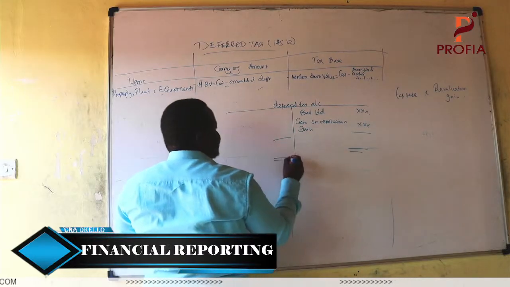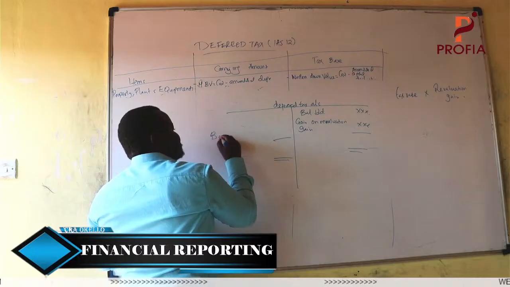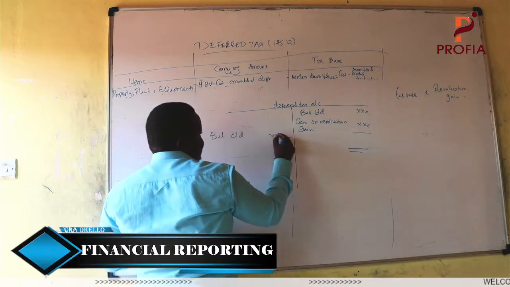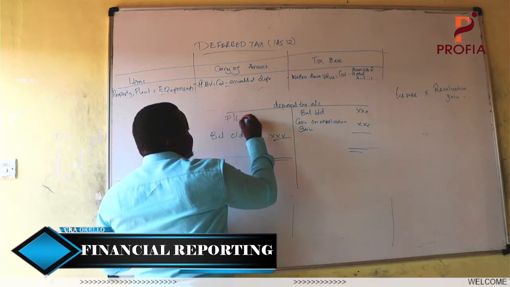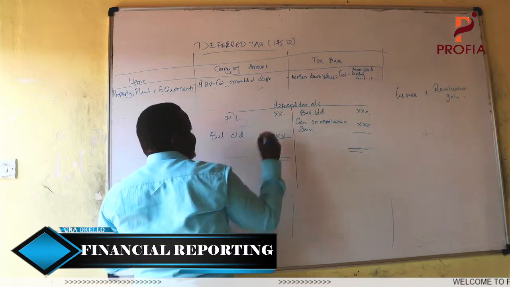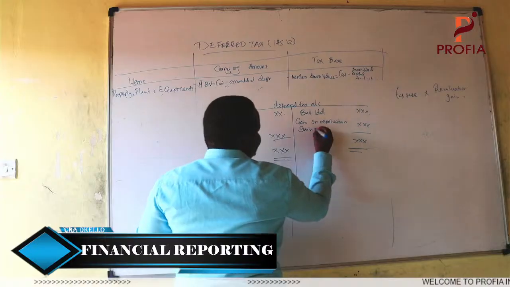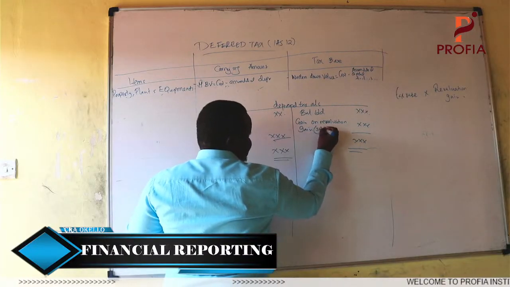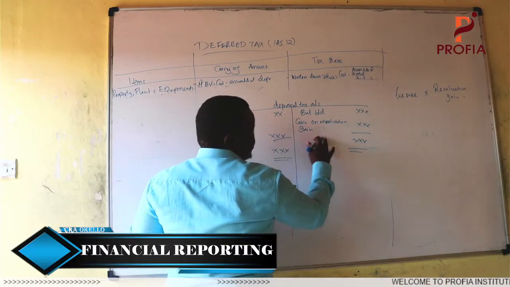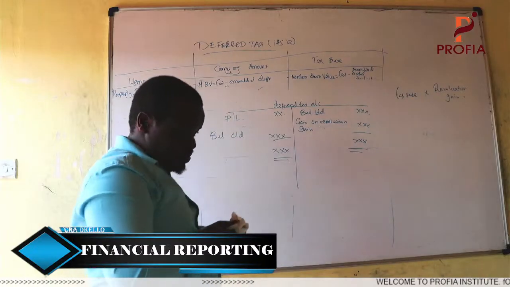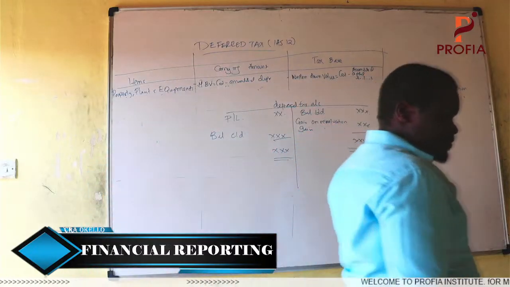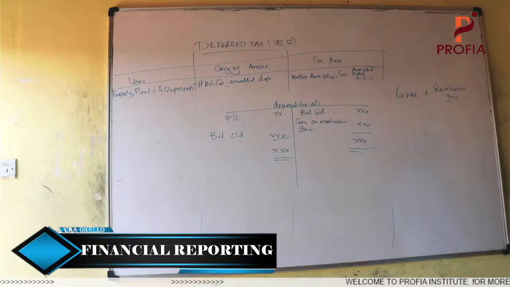This is what goes to P&L. These are simply 30% terms, but we wanted to do a percentage. I don't want you to be confused at this stage, because the examiner can even say the percentage is 40%.